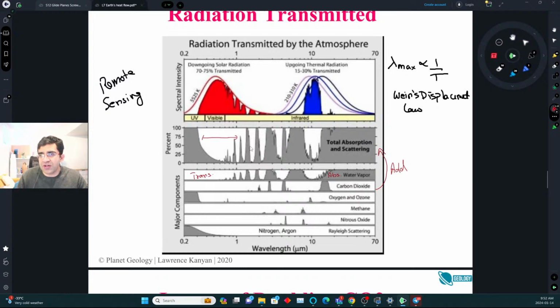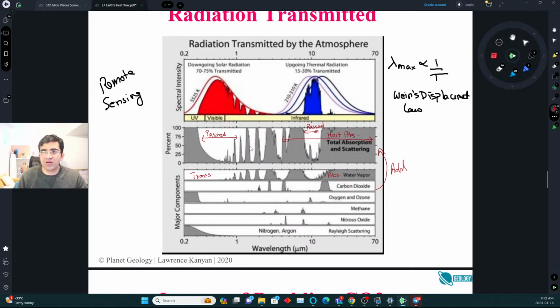A lot of the radiation coming from the sun is passed, but of the radiation that the earth is emitting, most of it is blocked. Some of it is passed, of course, but most of it is blocked or absorbed by greenhouse gases.